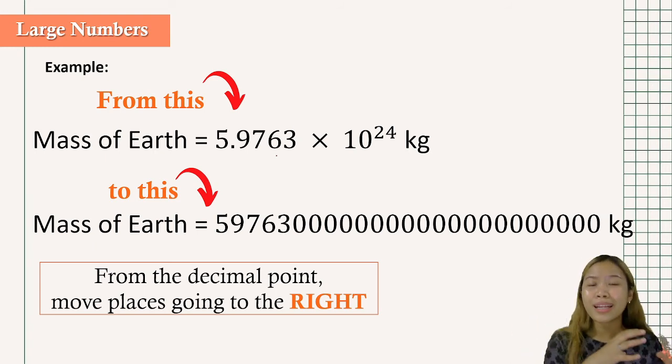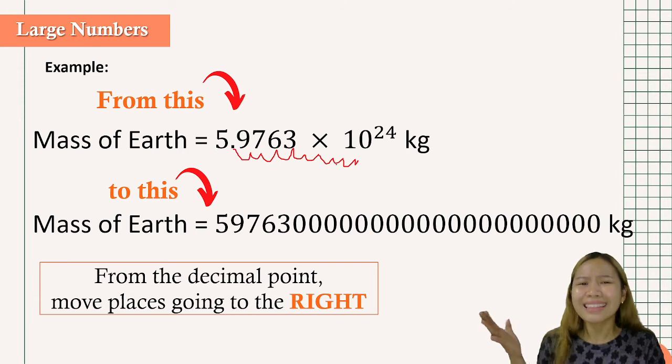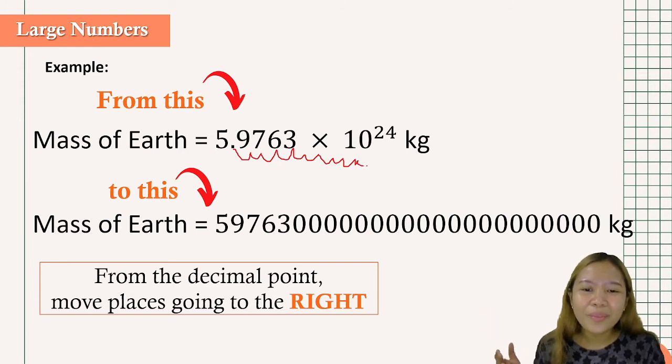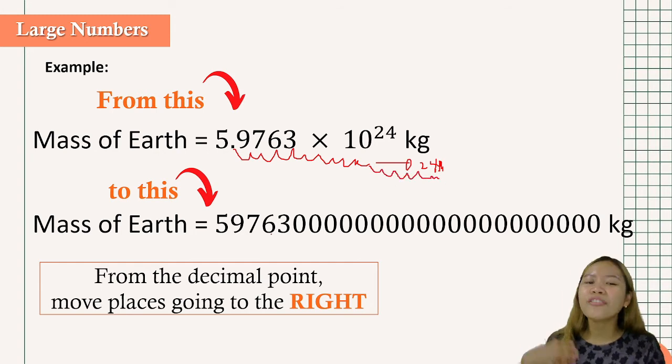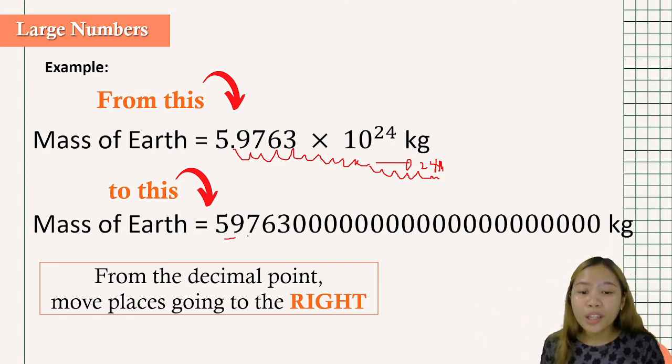Kumbaga, mabalik lang kita. So, ma-move ta 1, 2, 3, 4, 5, 6, 7, 8, 9, 10, up until 24th place. Okay, so hasta na sa 24 ang imo dili nga move. Okay, so after nga ma-reach mo na ang ika-24th place, amo na ni siyang ato nga result.